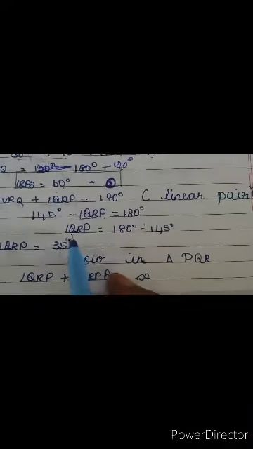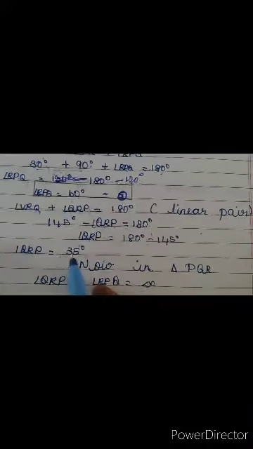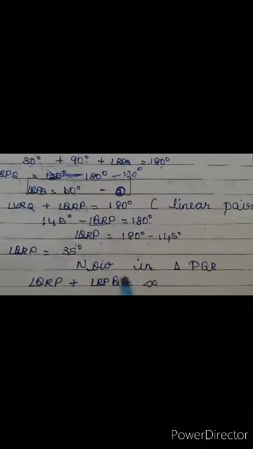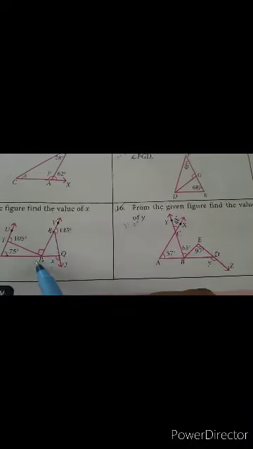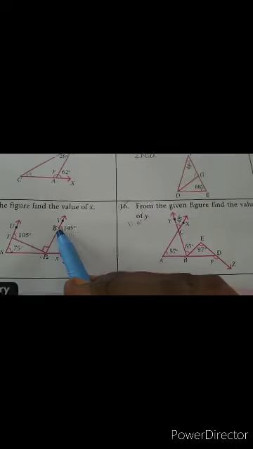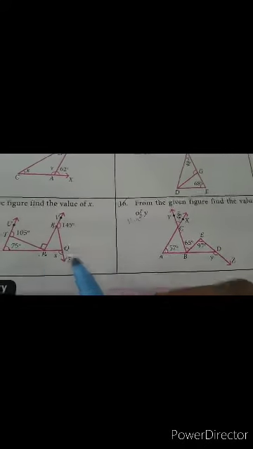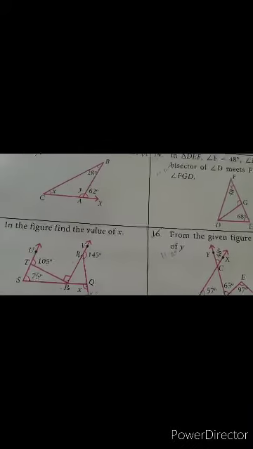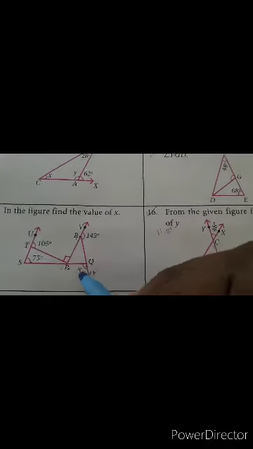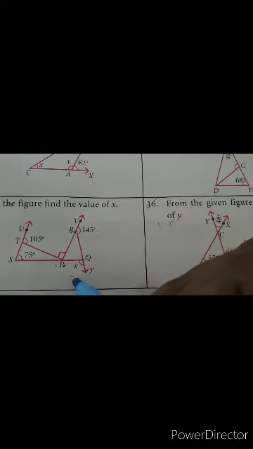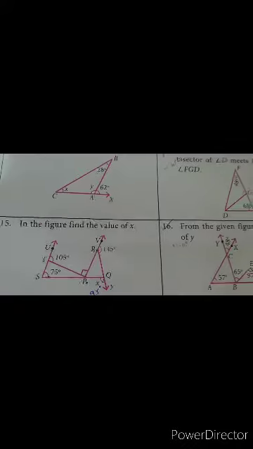Now you are going to find the value of angle QRP. So 180 degrees minus 145 degrees gives you 35 degrees. Now in triangle PQR, angle QRP plus angle RPQ equal to x. So 35 degrees plus 60 degrees gives you the value of x as 95 degrees.